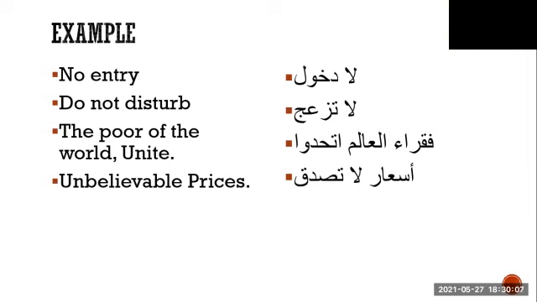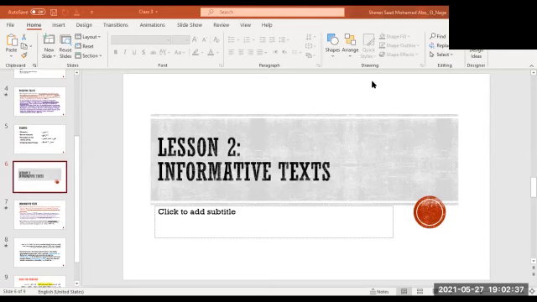Okay, now there remains the third type of texts, the informative texts. And this is going to be lesson 2. We need to look at informative texts and the best approach. We have been speaking about the 3 types of texts as classified by Peter Newmark.